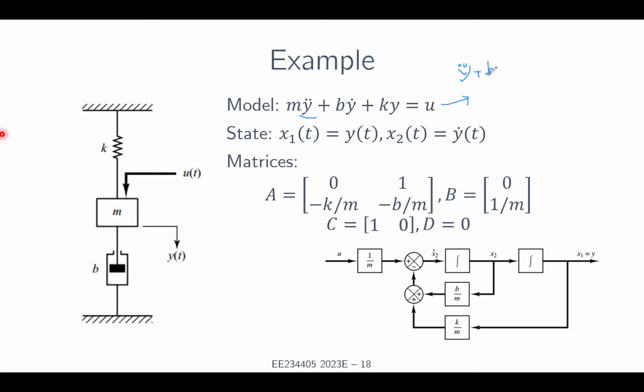So this would be y double dot plus b over m y dot plus k over m y, which is u over m, right? And we choose y to be x1, which means that y dot is just x2. So x1 dot, x2 dot.